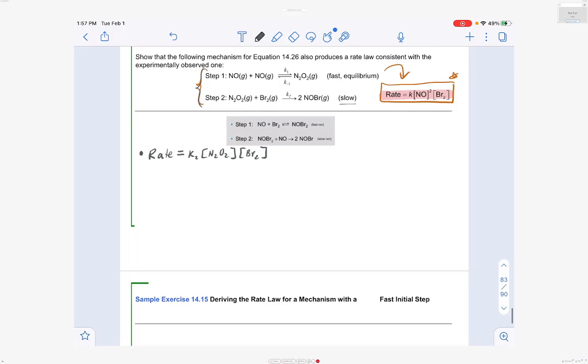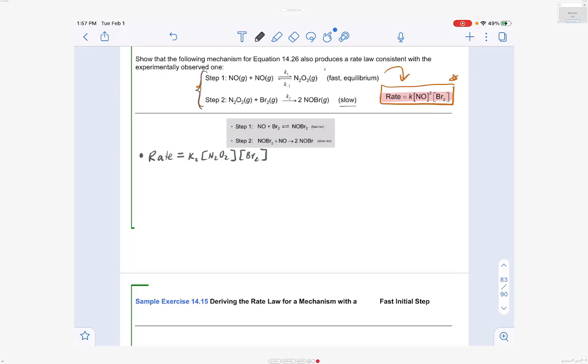And step 1, the fast step, we know that the rate of the forward reaction equals the rate of the reverse reaction.